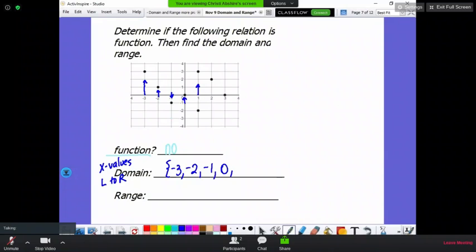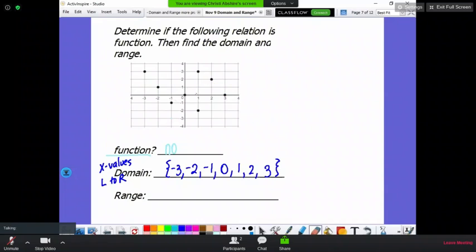I have 2 in line with 1, then 2, then 3. Those are my X values, the set of the domain.